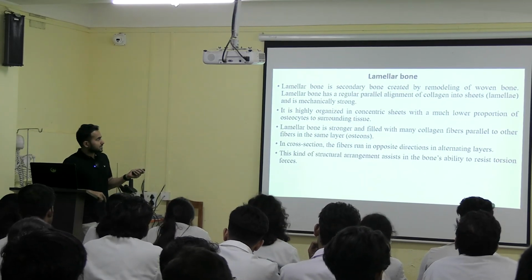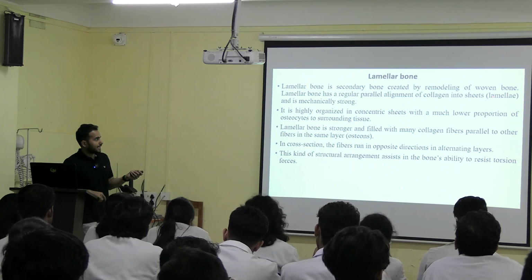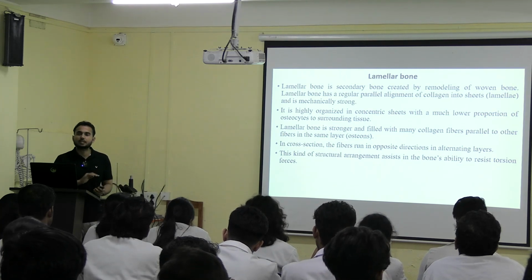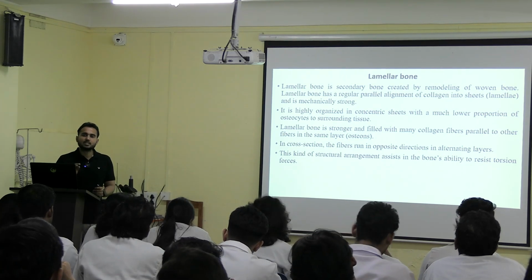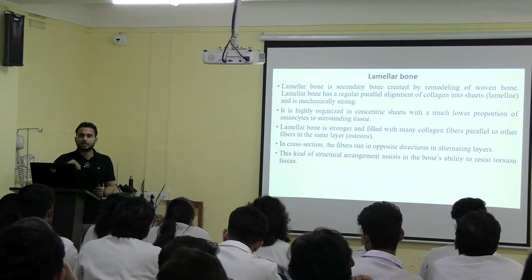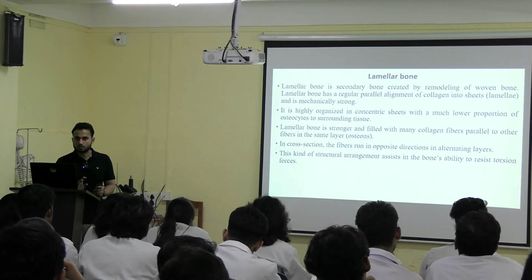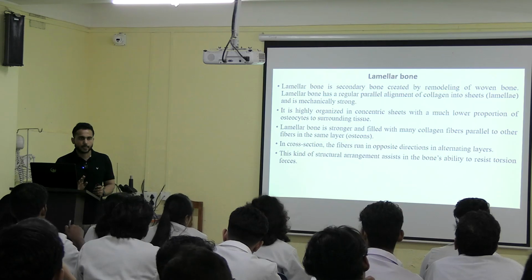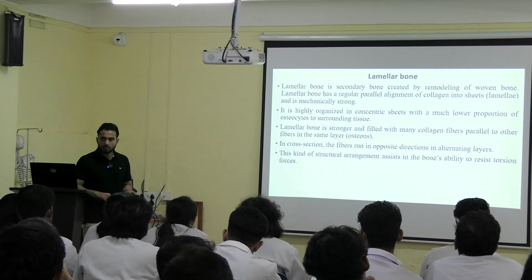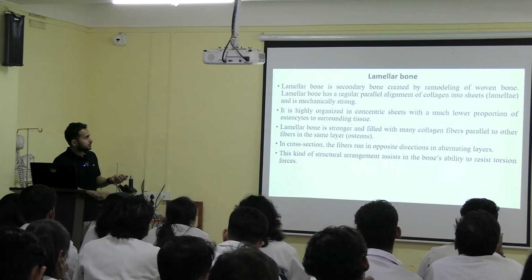Now it is highly organized in concentric sheets. So these lamellae, how are they arranged? Mainly they are arranged in a concentric manner. I hope you know what is concentric. What is the meaning of concentric? Yes, okay. So concentric arrangement is there.